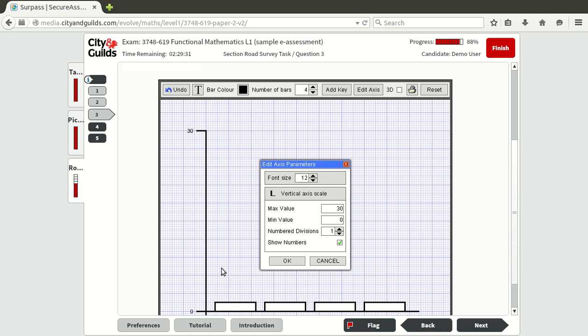So that's 10. 1, 2, 3, 4, 5, 10. Yes, it's 20. Okay, let's use 2 divisions. Have a look at something here. Let's try. Yeah, at times you may have to do some experimenting also. Right, so I think I'm happy with that. So let's keep it that way.